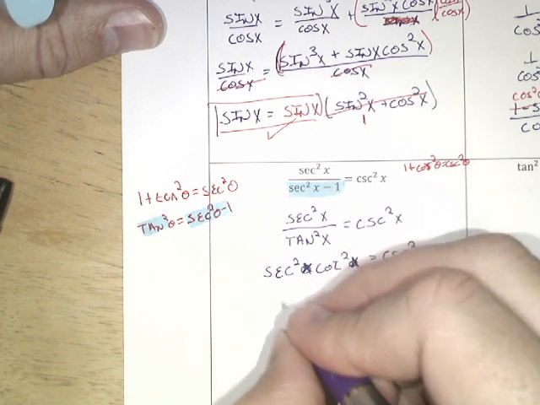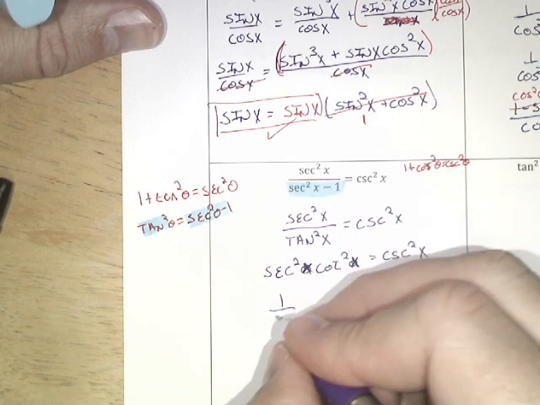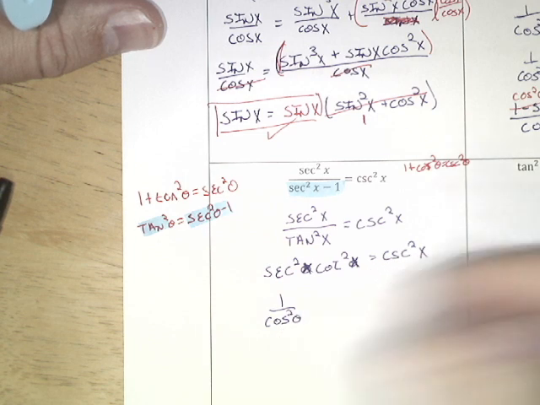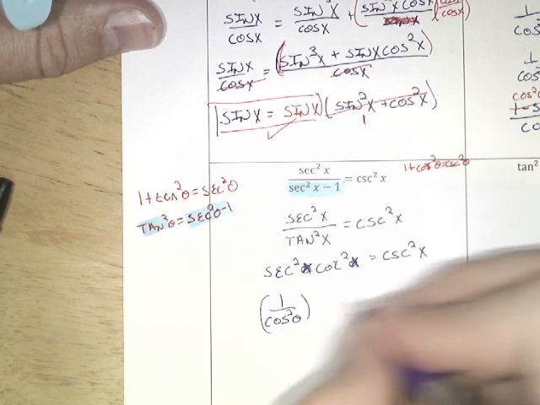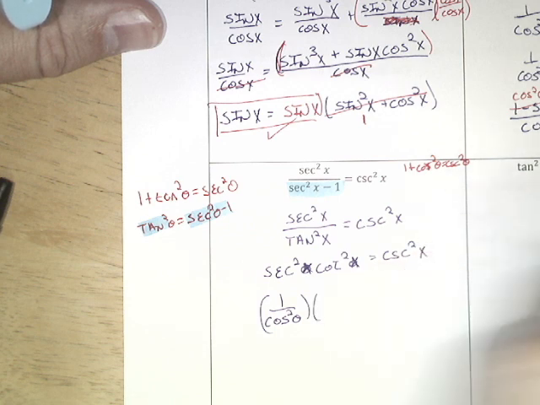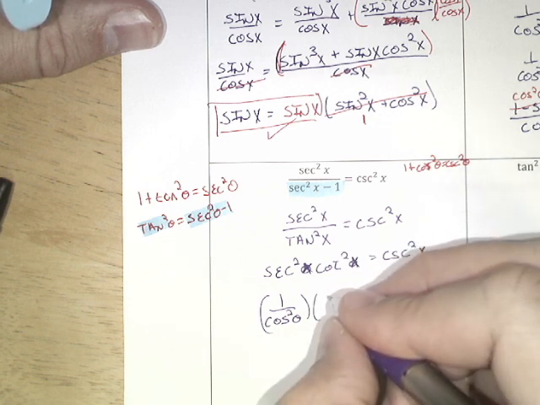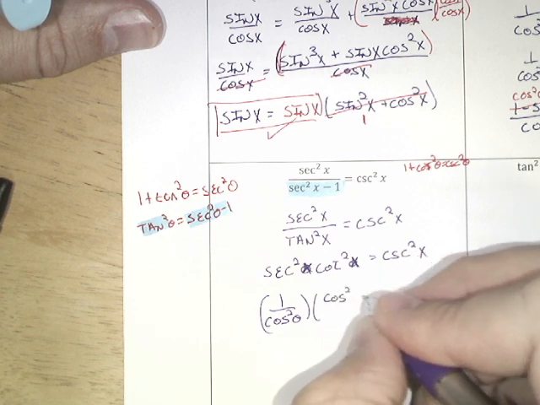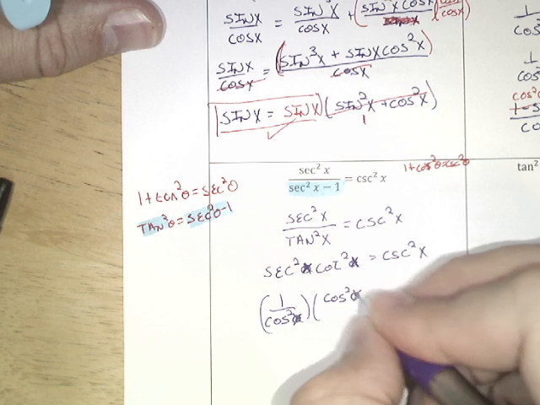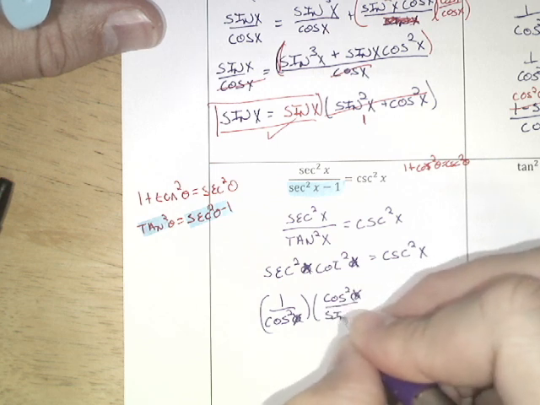So secant squared is just 1 over cosine squared. Cotangent squared is cosine squared over sine squared, again switching to theta.